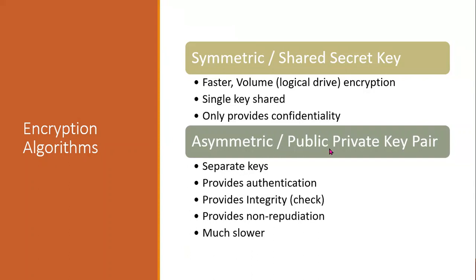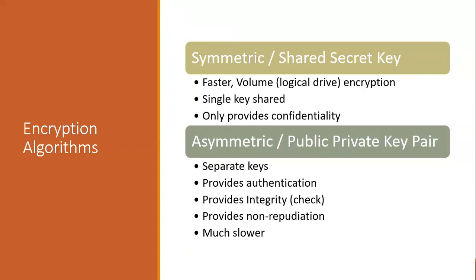Asymmetric encryption uses a public key and a private key pair. So it's got two separate keys. It provides authentication. It authenticates the sender of the message or authenticates the owner of a website, as we will see shortly. It provides integrity, because the public key and the private key have to match.